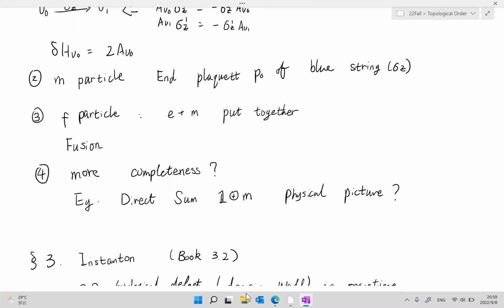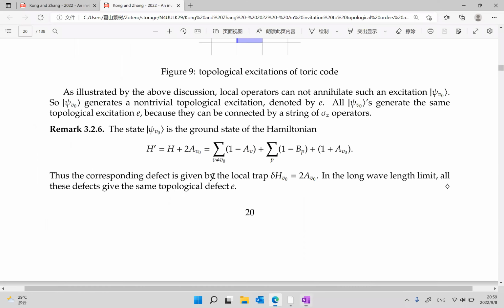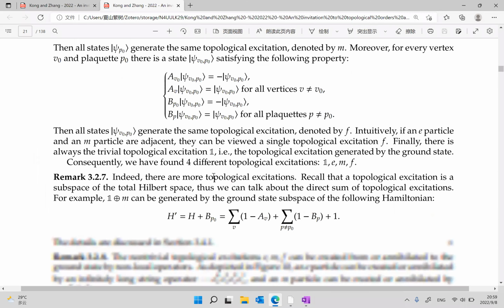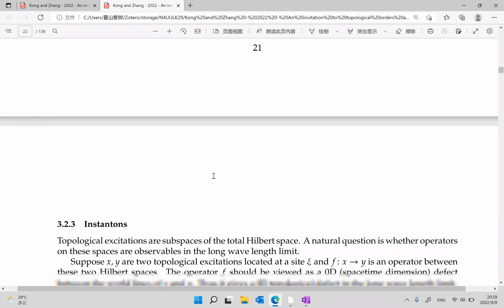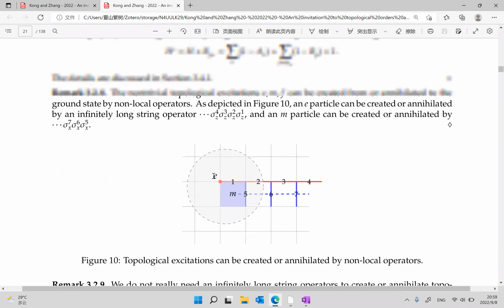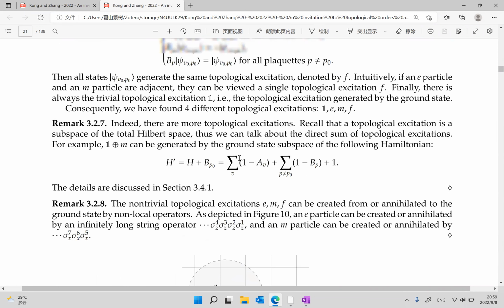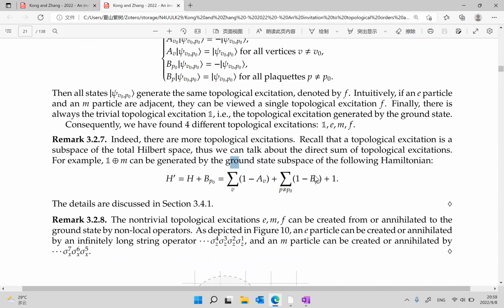Oh, in the book we have some. Yeah, let's come to the book. He has some arguments about this. He added a term, let me see. Oh yeah, add BP. He added only one BP term, and he says that this Hamiltonian generates the 1 plus n.